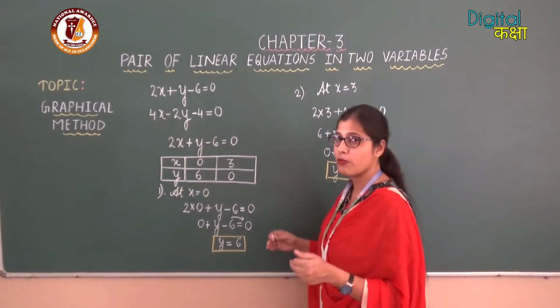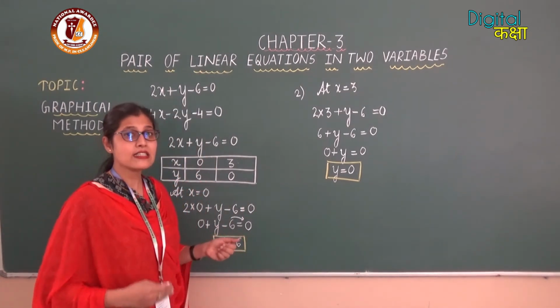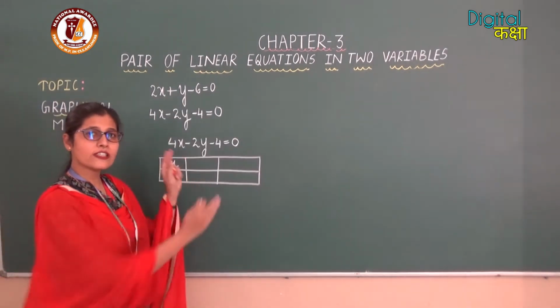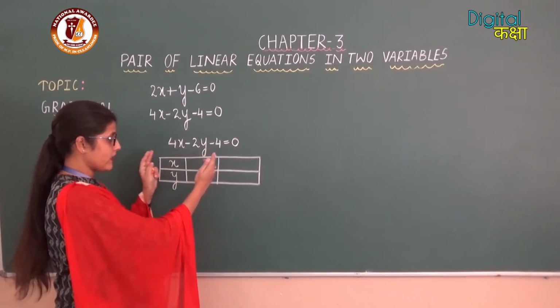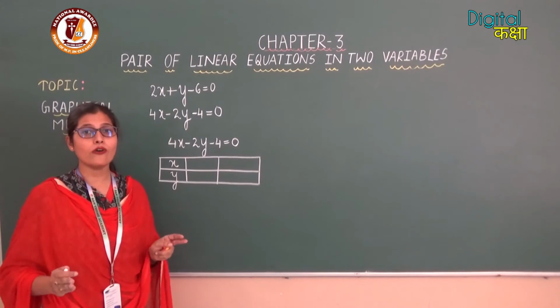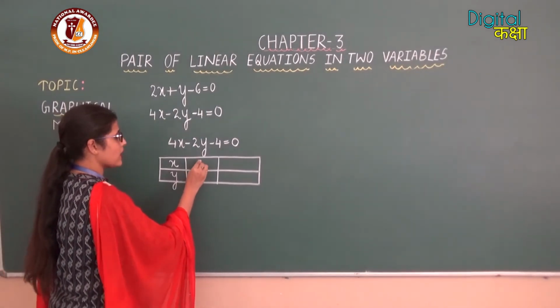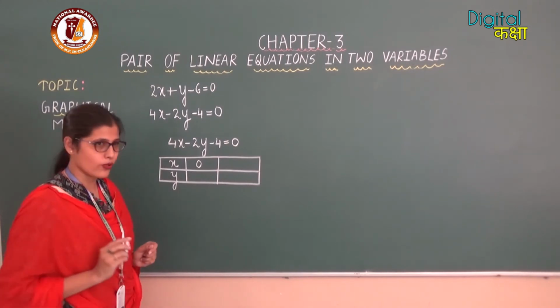After this, we will be finding the values of x and y for the second equation. For the second equation, again, we will be making the table which represents the values of x and y. Now, I'll be taking the value of x as 0.